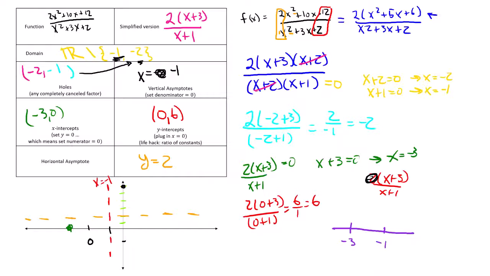Negative 4 + 3 is negative. Negative 4 + 1 is also negative, so it's going to be positive on this interval. If you plug in anything between negative 3 and negative 1, say negative 2, you're going to get negative 2 + 3, which is positive. Negative 2 + 1 is negative, so negative on that interval.